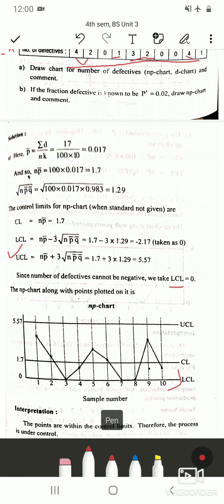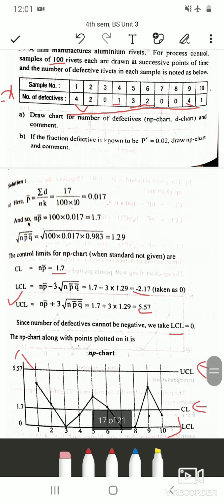So on the graph, mark the lower control limit, and then mark the central limit and the upper control limit. After that, on the x-axis you have to take the sample number itself. On the y-axis, take values such that it covers all 3 limits as well as all the values of d.